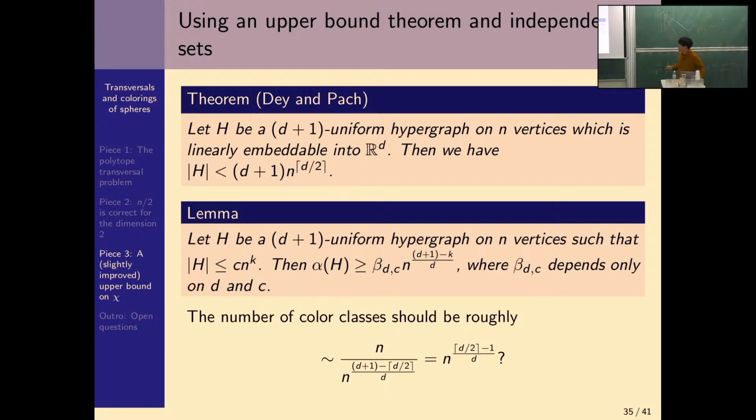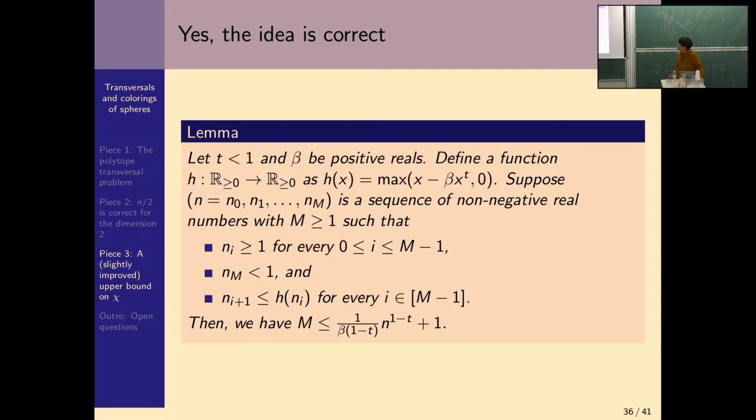So if we divide n by the size of the independent set, it should give the number of color classes. And actually, this intuition is correct, but it is a little bit involved.